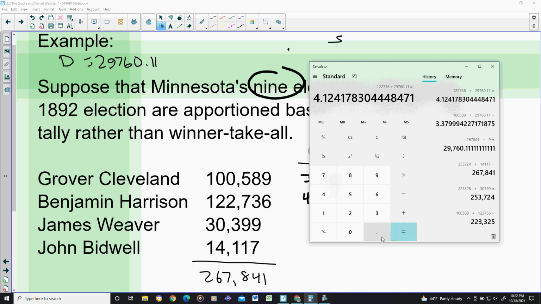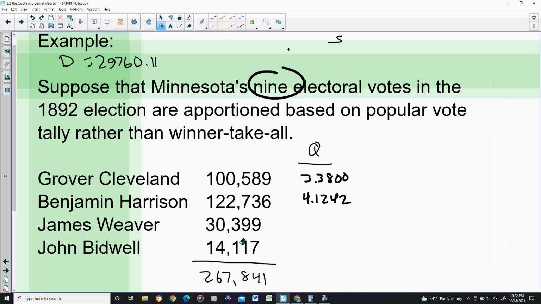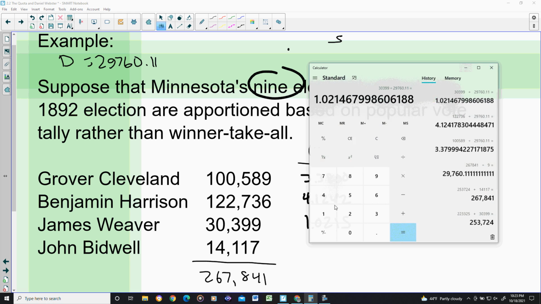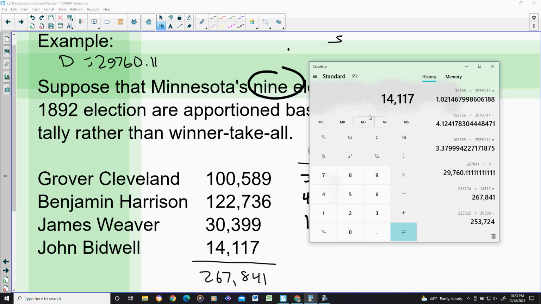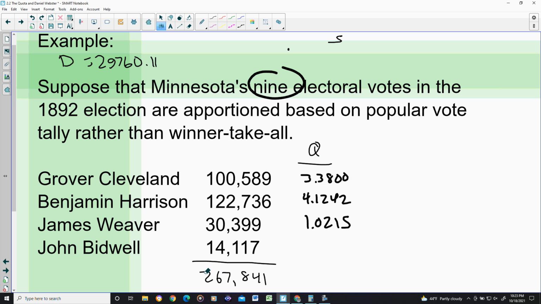And then we'll do the same for the others: 30,399 divided by memory is 1.0215, and 14,117 divided by memory is 0.4744. Oh, it's a 0. So we will have an initial value of 0.